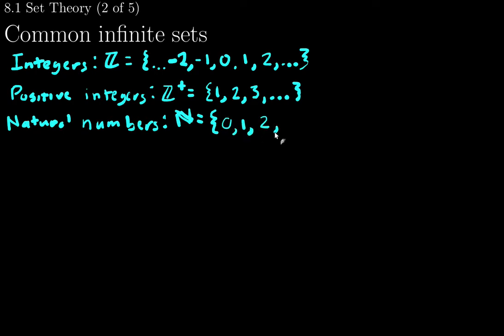Depending on the reference you're using, they may or may not include 0 as a natural number. For our class, we will. For later classes, if you start talking about natural numbers, make sure that they either do or do not include 0 before you start making assumptions about it.